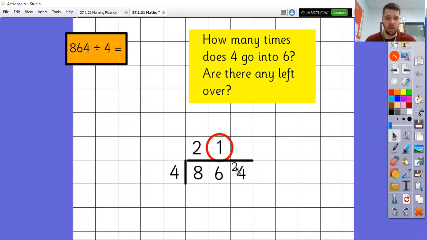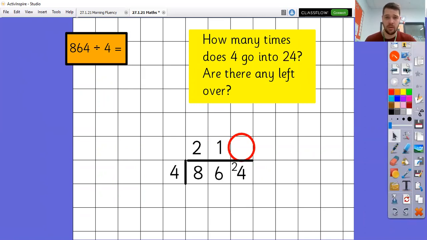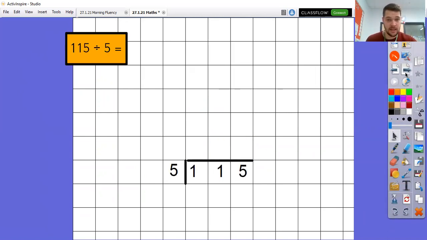So 4 goes into 6 once, remainder 2. How many 4s go into 24? 4, 8, 12, 16, 20, 24. So 6 times. So 864 divided by 4 is 216.